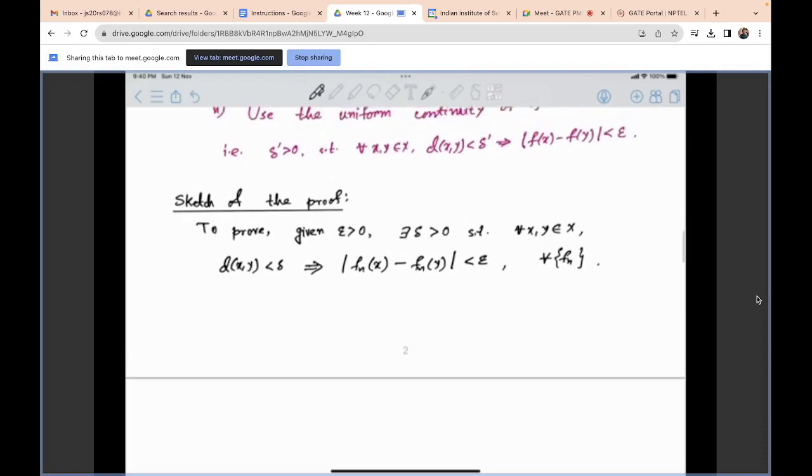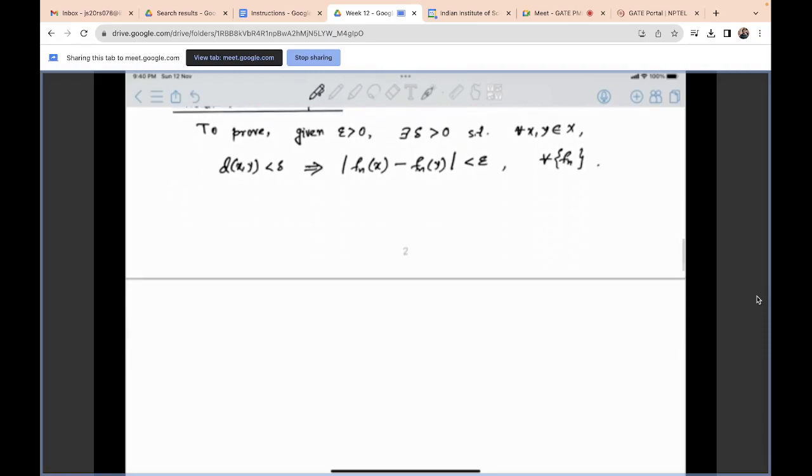So here what you will do is write |fn(x) minus fn(y)|. How will you write this? You write fn(x) minus f(x), plus f(x) minus f(y), plus f(y) minus fn(y).